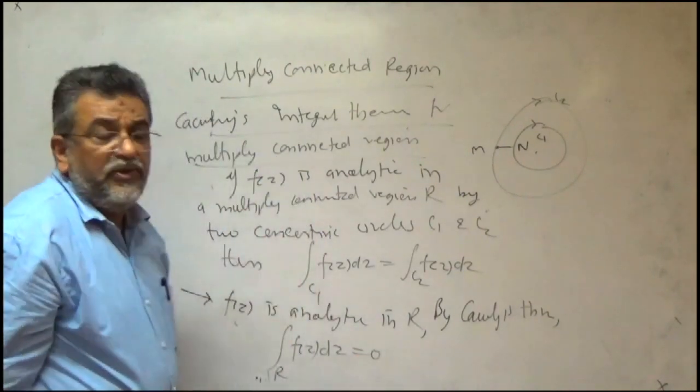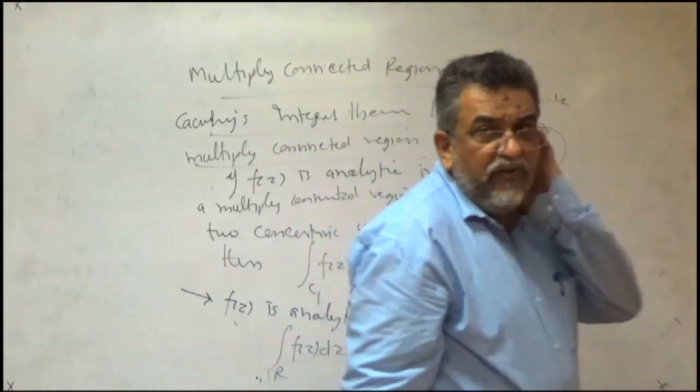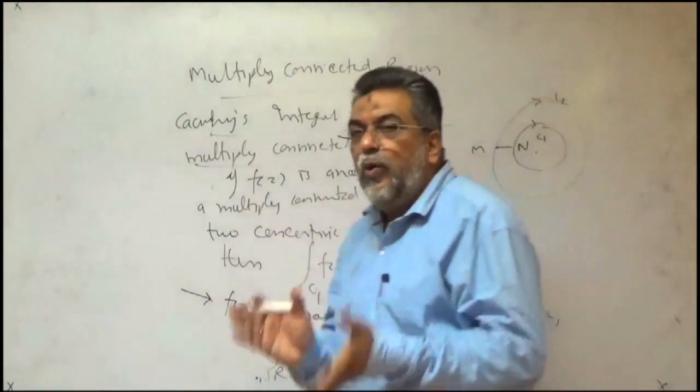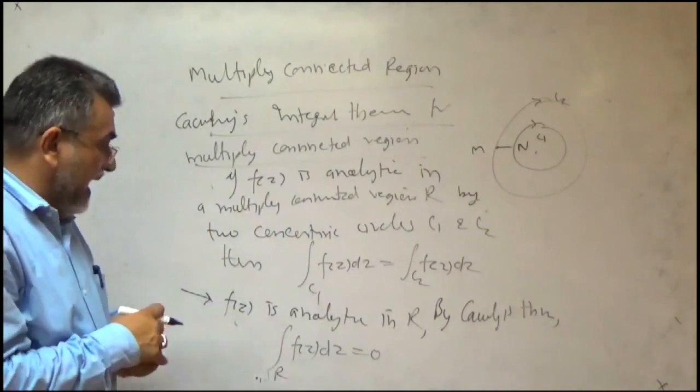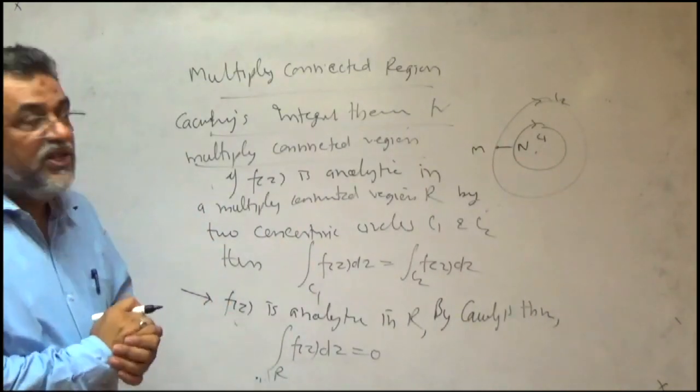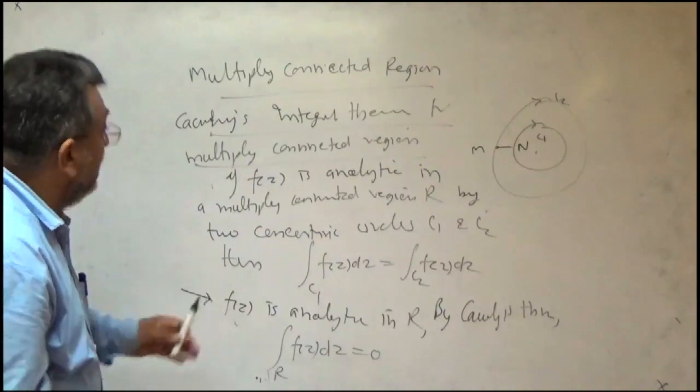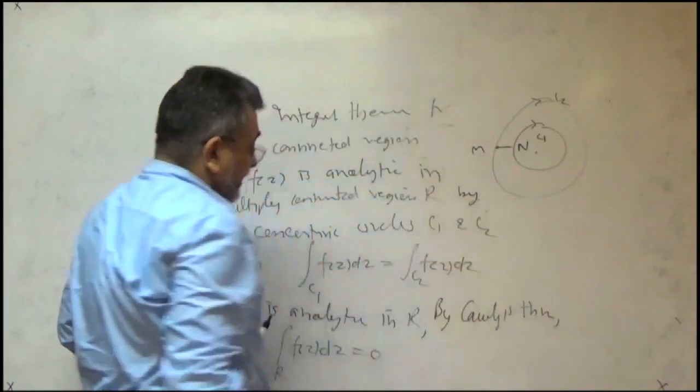Just as I stated this theorem, if any function is analytic in a closed domain, in a closed curve C, then the integral along that curve of the given function vanishes.